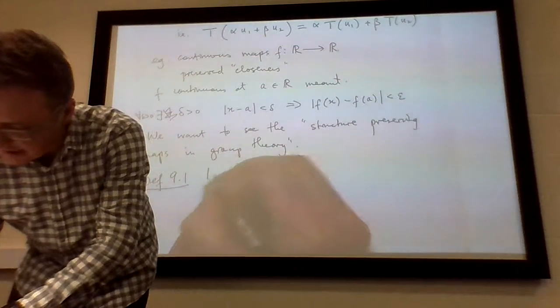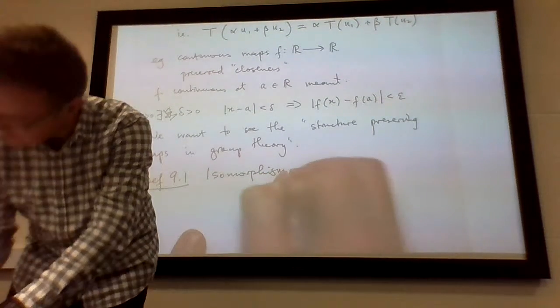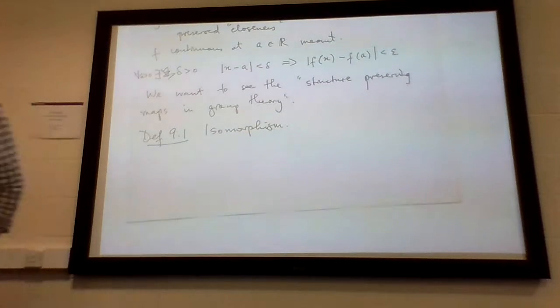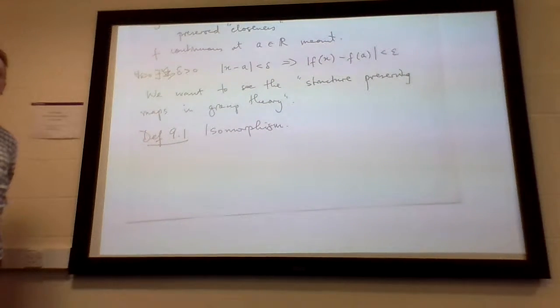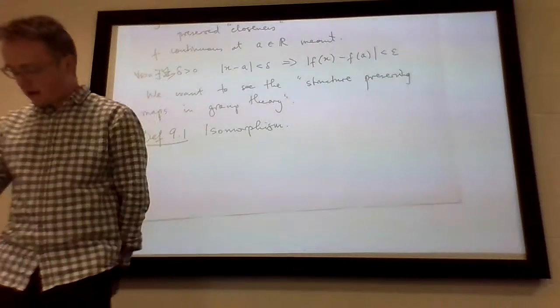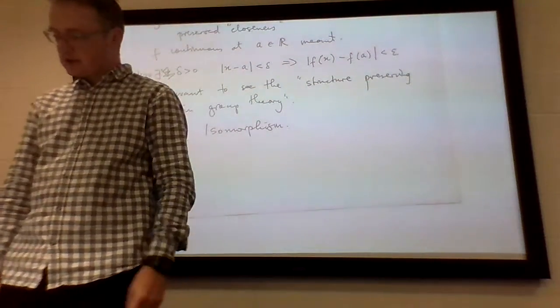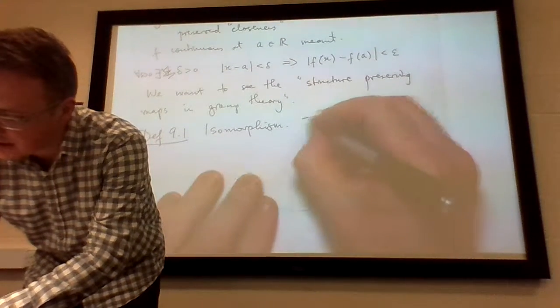So we're going to define an isomorphism, or what we mean by an isomorphism. Now, normally up to now, we haven't been including the symbol for the group operation all the time, but we are going to reintroduce it now, just to emphasize the role that the group operation plays. I'm basically just going to rewrite out the definition here, but just talk about it as we go.